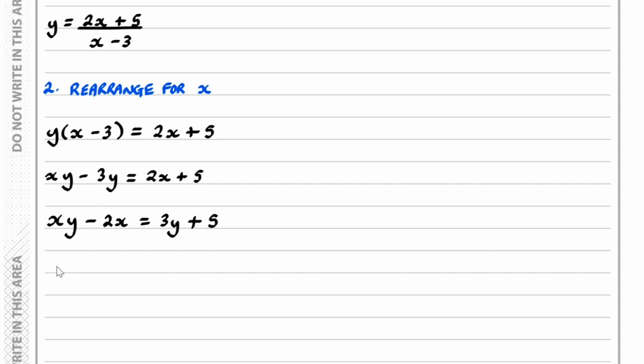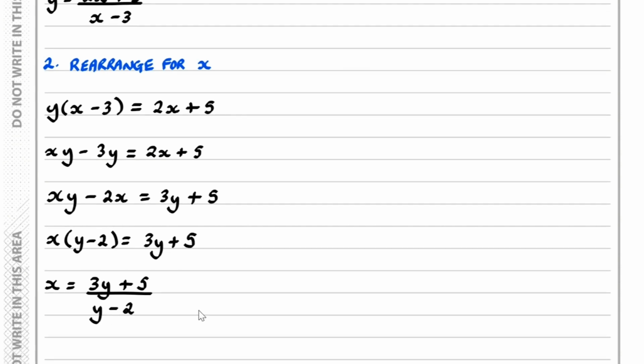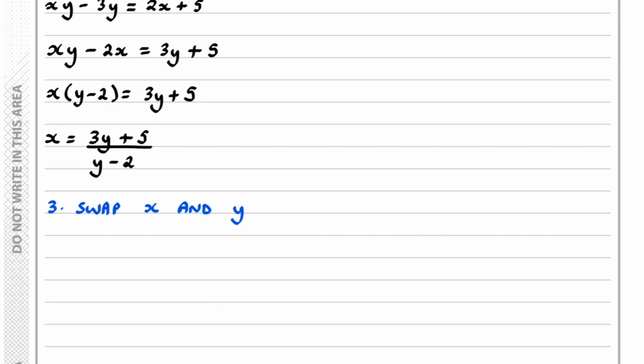And if I factorize out an x, I have x multiplied by y subtract 2, and that's equal to 3y plus 5. And so therefore, x is equal to 3y plus 5 over y minus 2. Our next step is to swap the x and y, and if I do that, I have y equals 3x plus 5 over x minus 2.